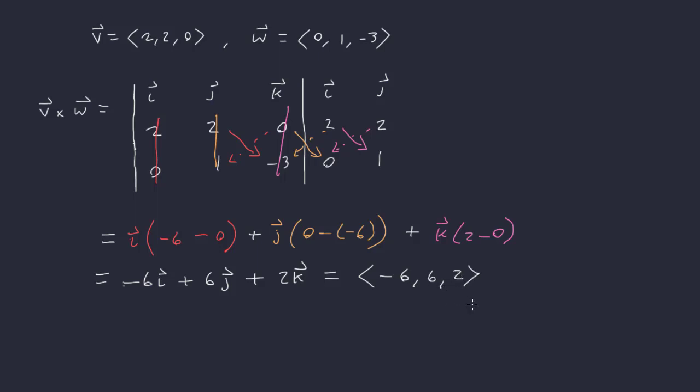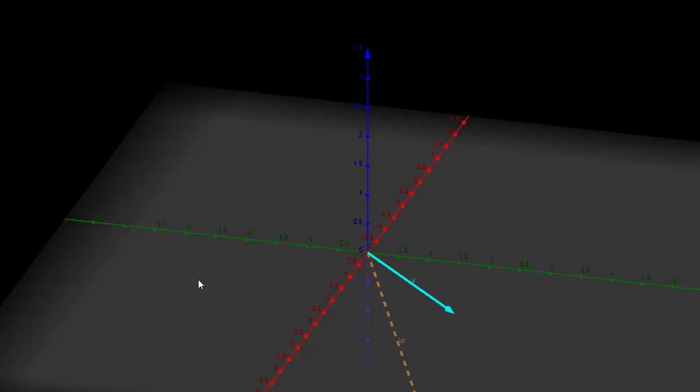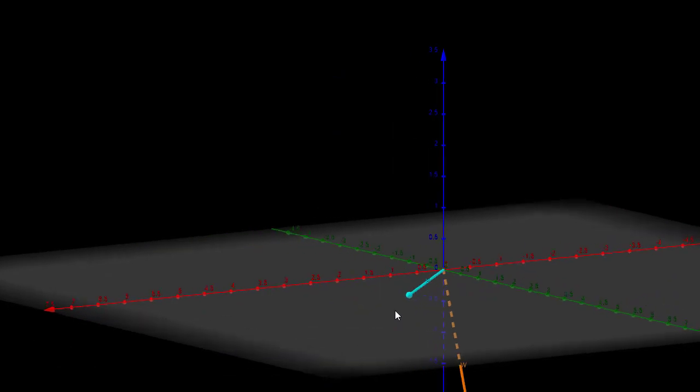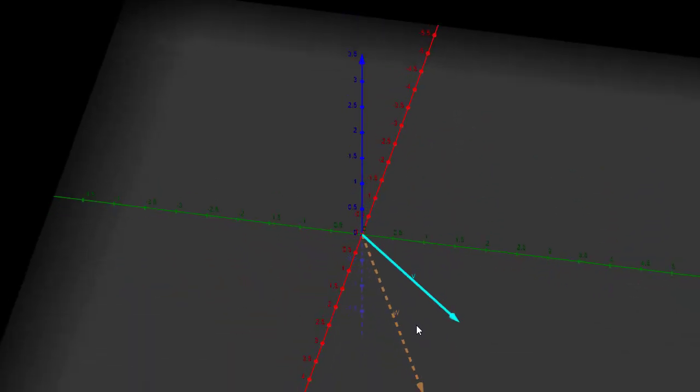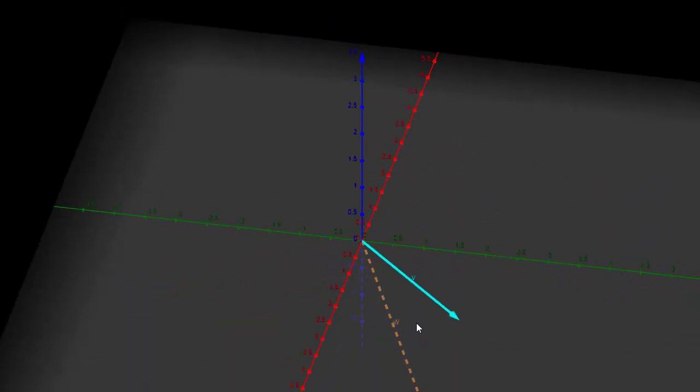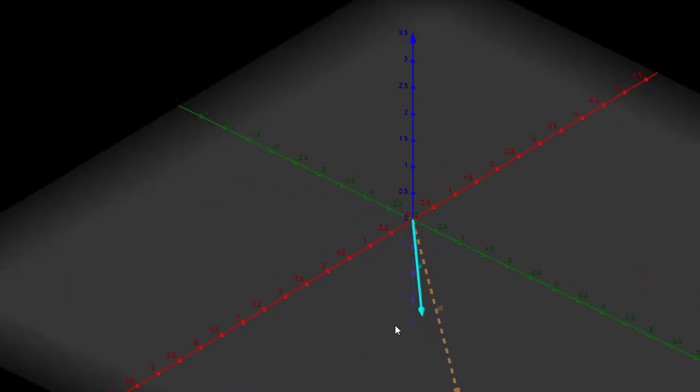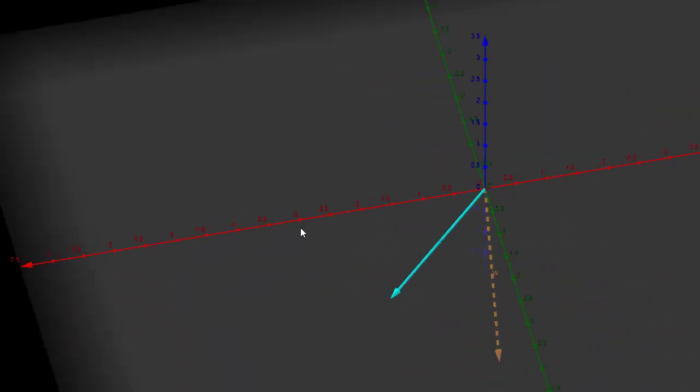Let's take a look at this on a graph and see if it lines up with what we expect. On the graph, here's our v, the vector 2, 2, 0, and as we can see, it's sitting right on the xy plane. Then we have the vector w, which is 0, 1, negative 3. This one doesn't go into the x direction at all.